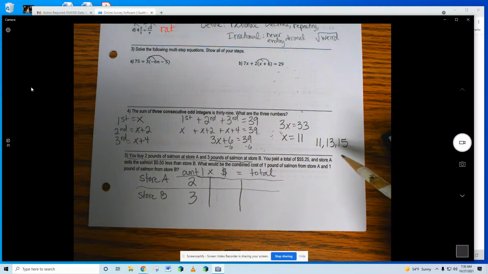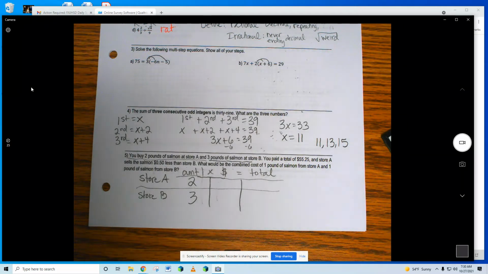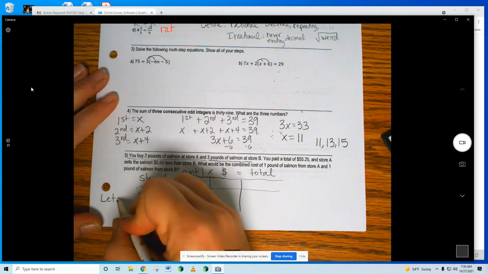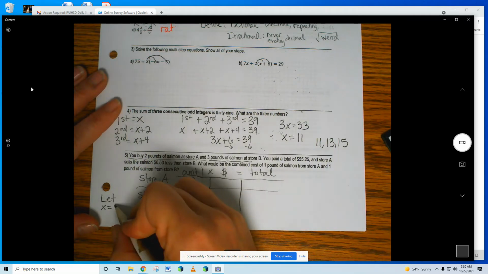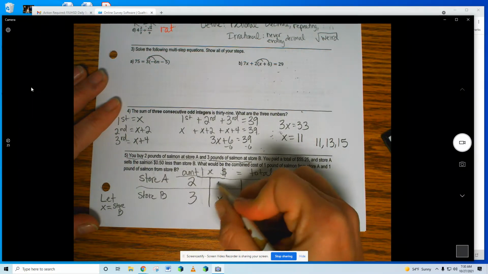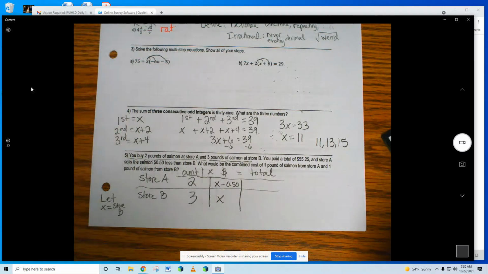Okay, well, I'm going to have to look at the pricing now. If store A sells the salmon for 50 cents less, then I'm going to let X equal store B. Because then I can do X minus 50 cents for store A.